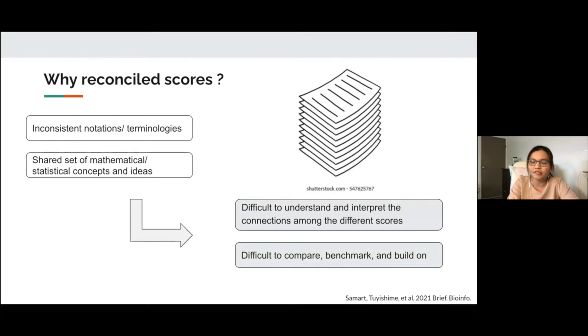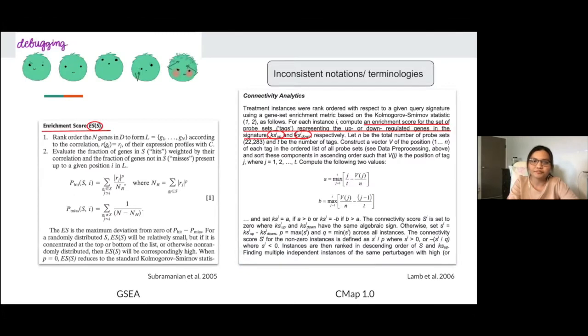Therefore, we started thinking that if we reconcile all of the scores using a new unified scheme, with consistent notation and terminology, it would be easier for us to understand, interpret, compare, benchmark, and build on the existing ones.